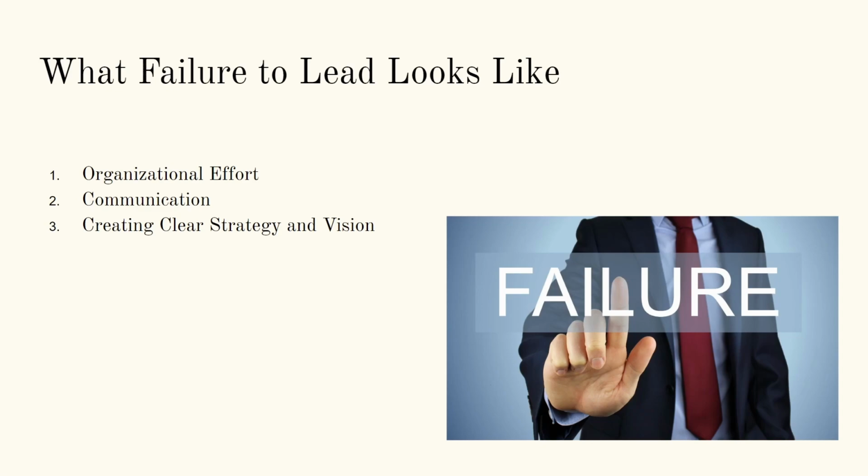And if leaders are failing to lead in an agile transformation, this could look like leaders who don't fully understand what that means. They don't understand what agile looks like, what scaled agile looks like, or any of the methodologies that the teams might be working in.